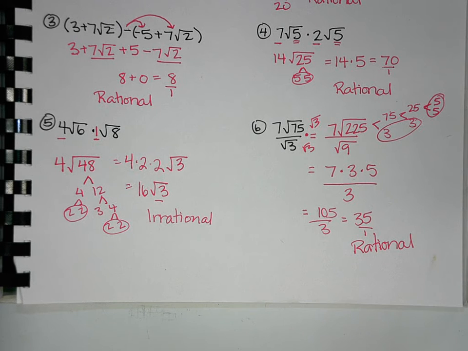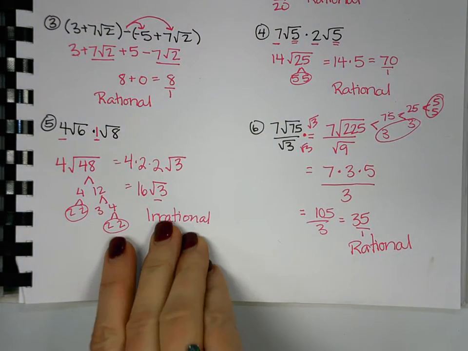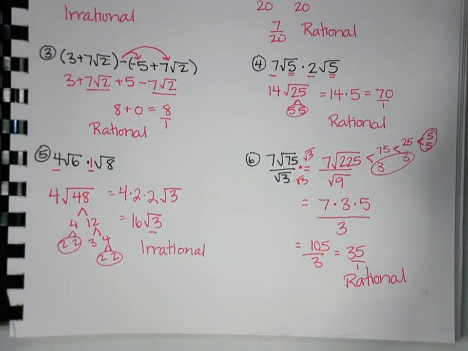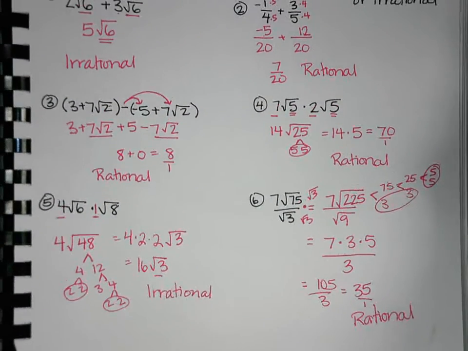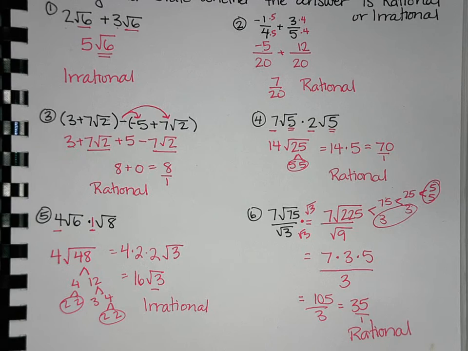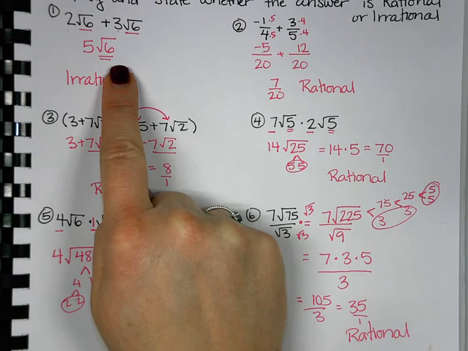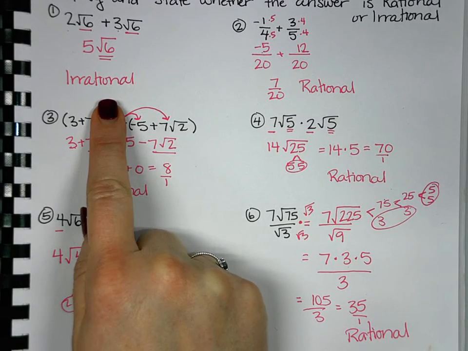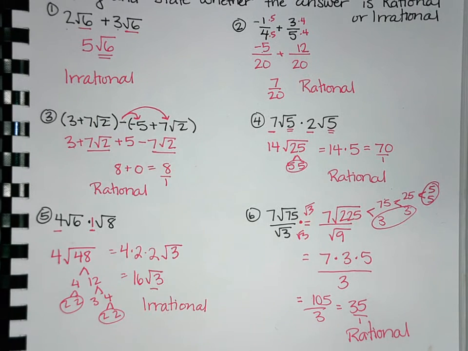So pretty much what you're going to be doing on your assignment today is you're going to be given a bunch of expressions like 1 through 6. And on those you're going to simplify the expression. So like 5 root 6, that's my simplified answer. And then you're also going to state if it's rational or irrational.